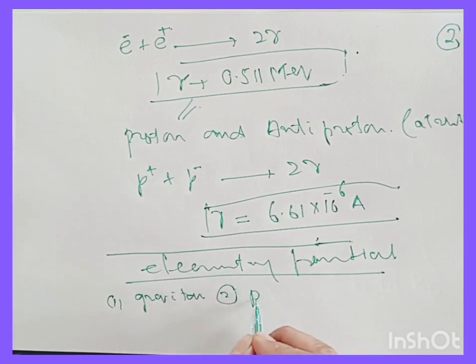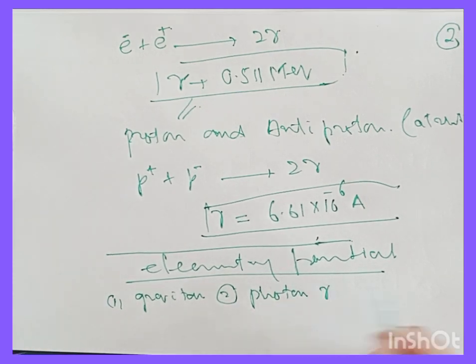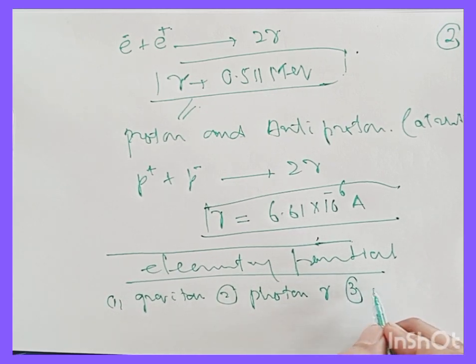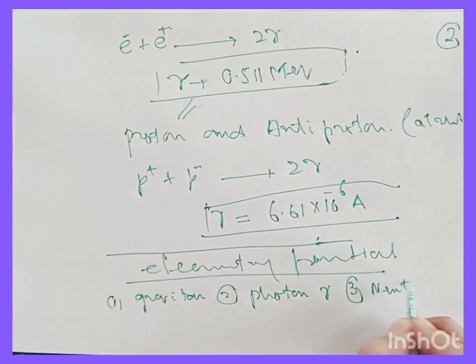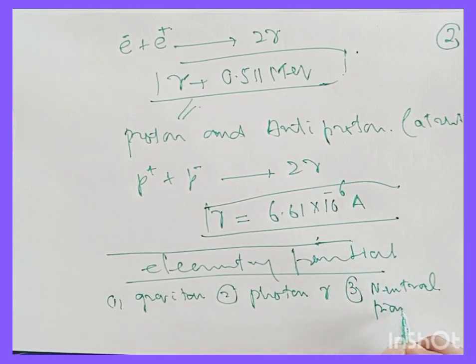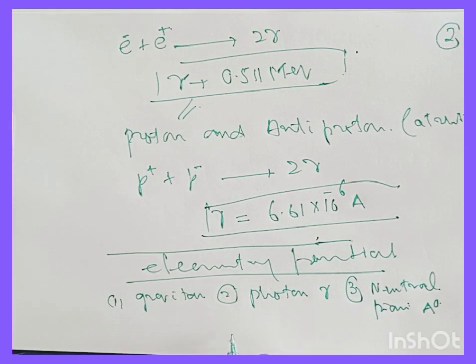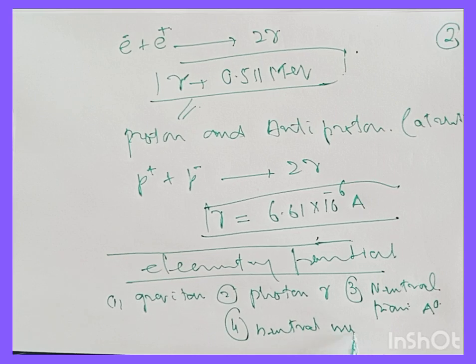The next one is the photon: a photon, say a gamma ray photon, is a particle and antiparticle of itself. Neutral pion is another example of a particle and antiparticle of itself, and neutral mesons are also particles and antiparticles of themselves.